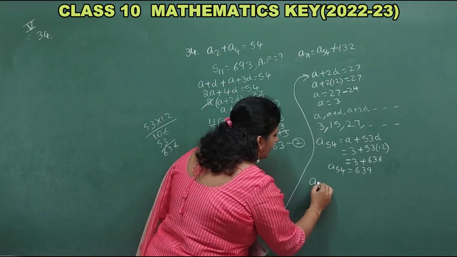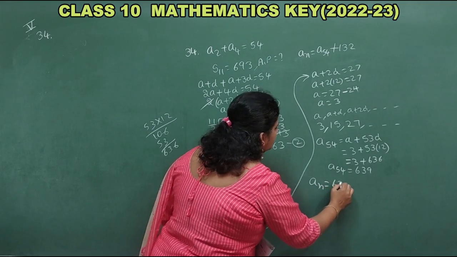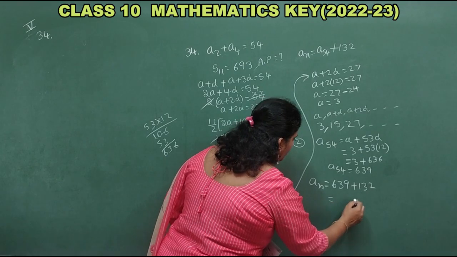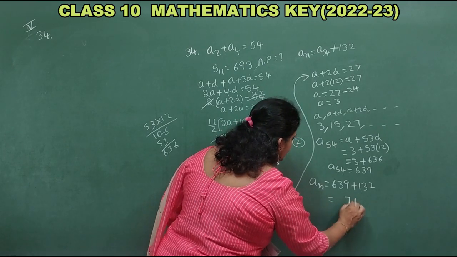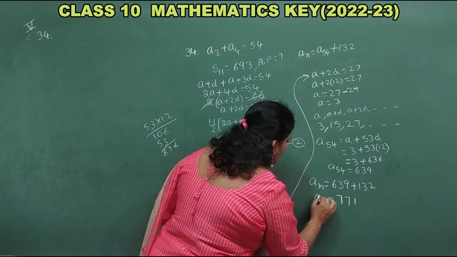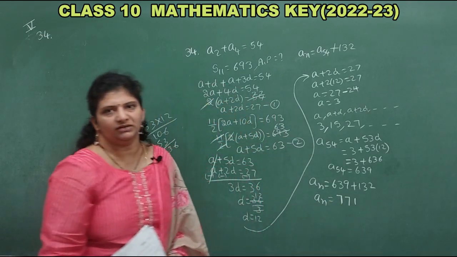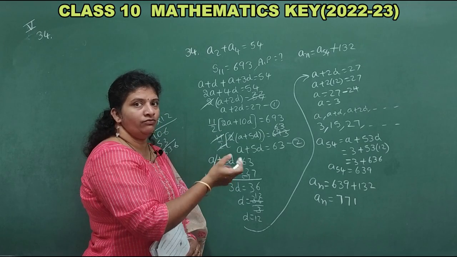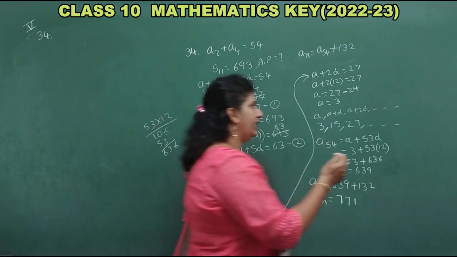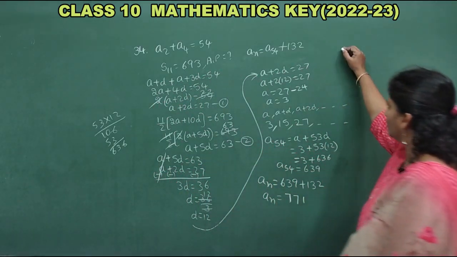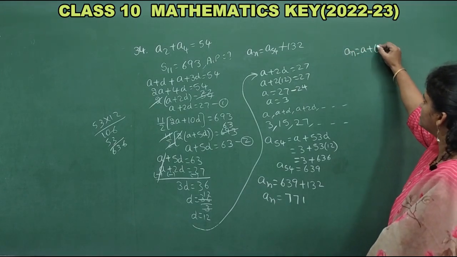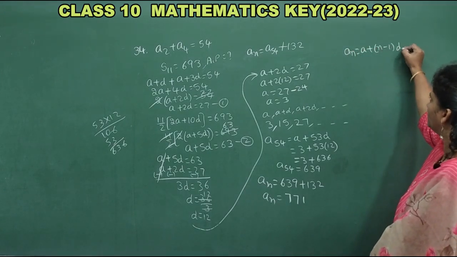If you want to get AN, add 132: 639 plus 132, it will be 771. AN is equal to 771. Using this AN, A value and D value, find the N value. We know the nth term formula, that is an is equal to a plus n minus 1 into d.